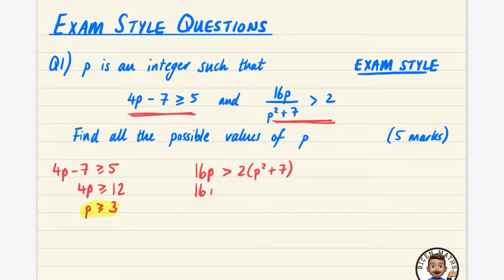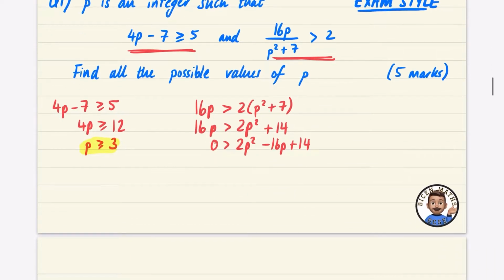Now I'm going to make this a quadratic, so I'm going to expand these brackets to get 2p squared plus 14, and I'm going to put it all on one side, so I have 2p squared minus 16p plus 14. Now this one happens to be able to divide by 2, it might not always do that, so I divide through by 2 to get 0, and I get p squared minus 8p plus 7.